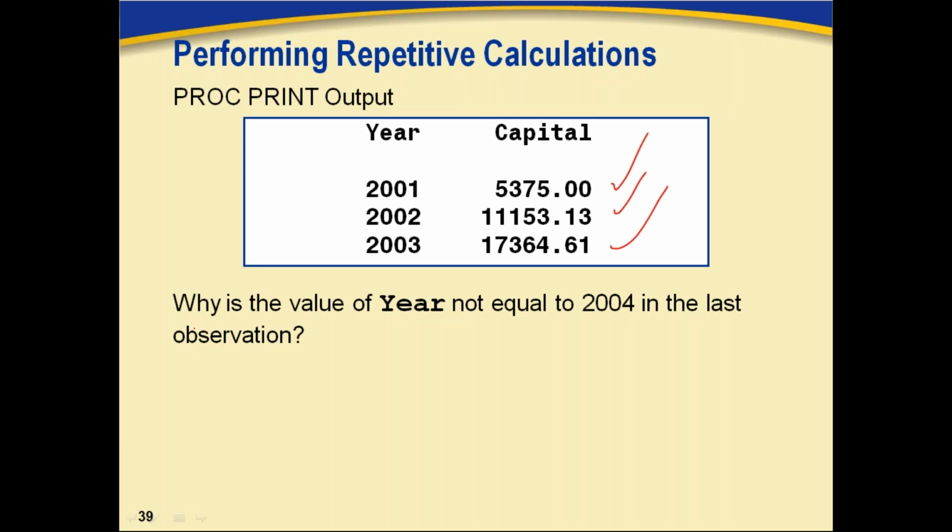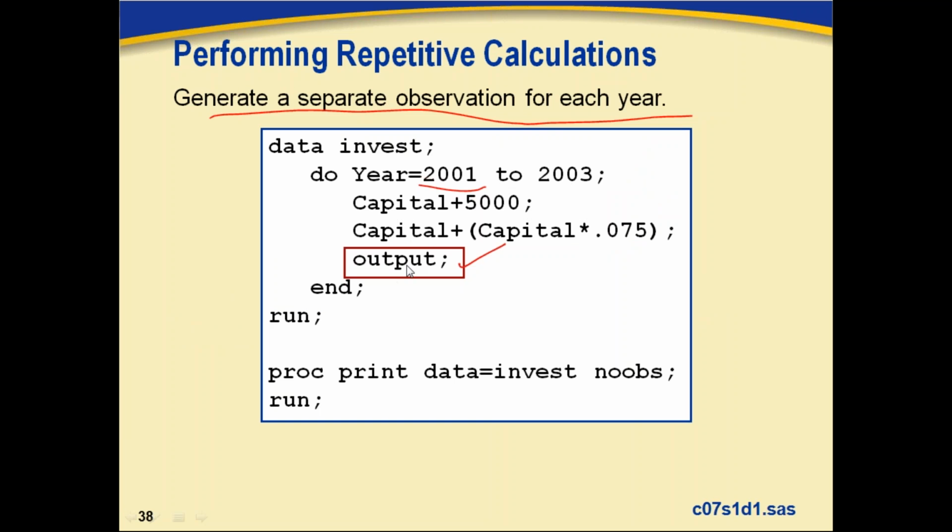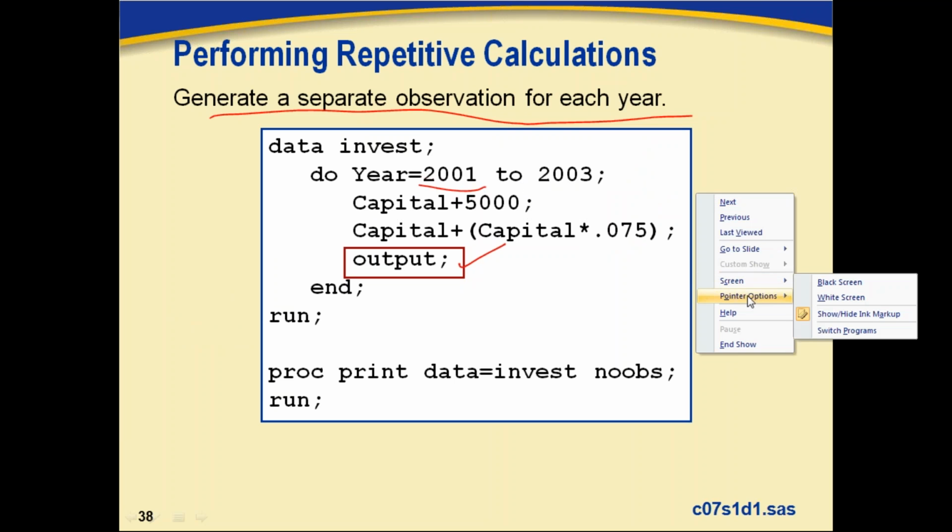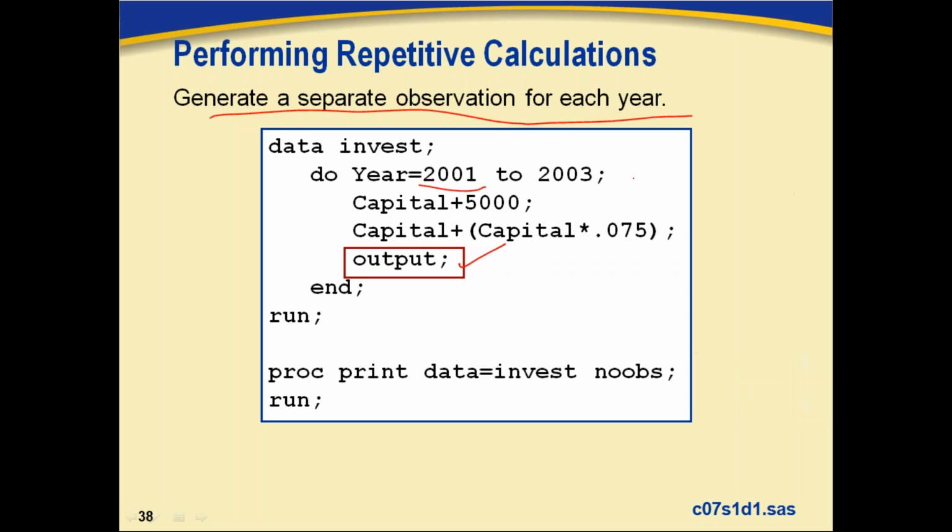See here, why is the value of year not equal to 2004 in the last observation? It failed, right? When the loop fails, this output statement doesn't execute for 2004. When the year value is 2001, it will execute all these statements.